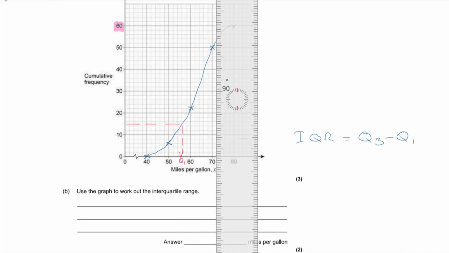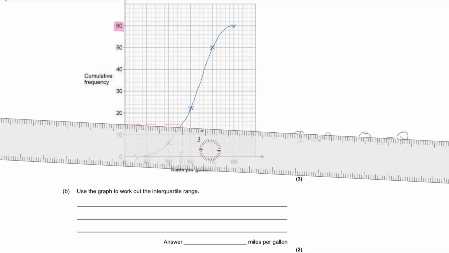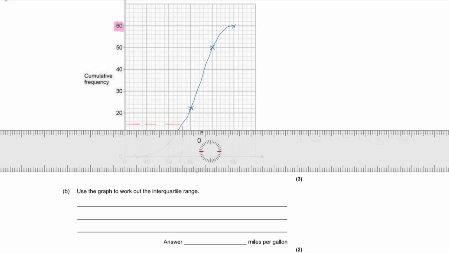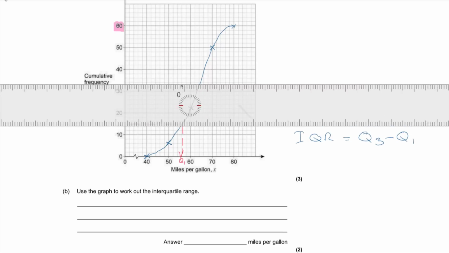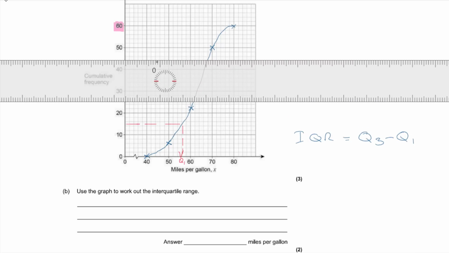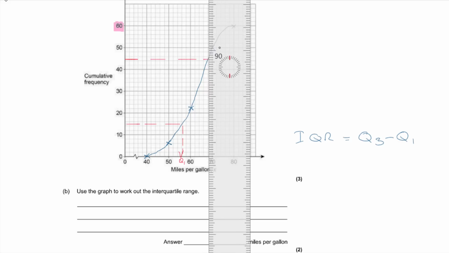And then Q3, it's going to be 3/4 of the way through. So 3 lots of 15, that's 45. So reading across from 45. Oh, it won't draw there. Okay, there. Done it now.